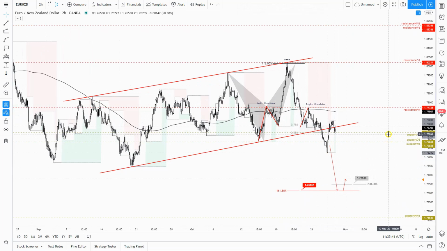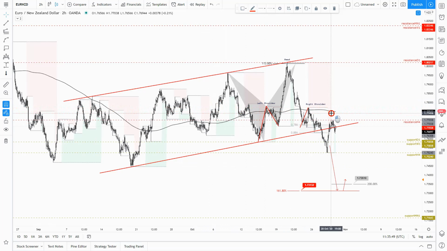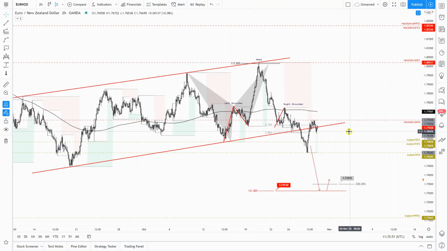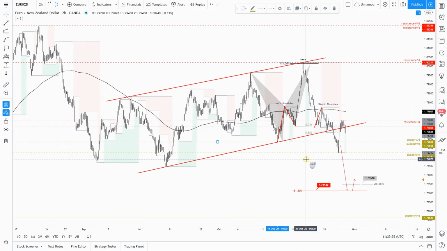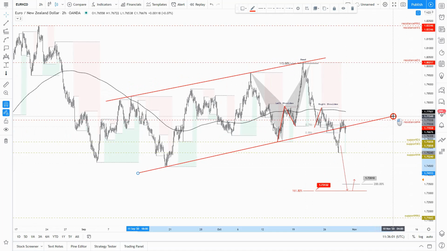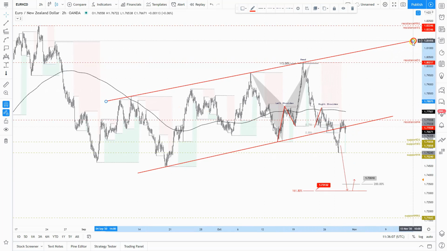Well, we have a new fractal support right there. Let me adjust this. Fractal support and the most recent resistance was printed there already. So basically, we're still threatening the weekly fractal, the major fractal, the weekly fractal support, and we are now threatening the recovery above this ascending channel support trend line.